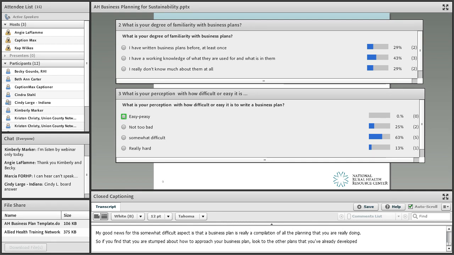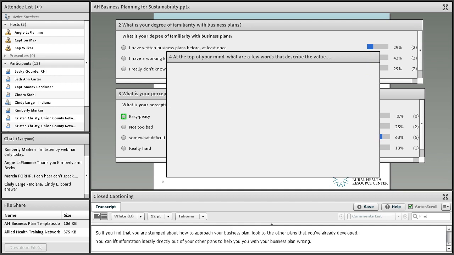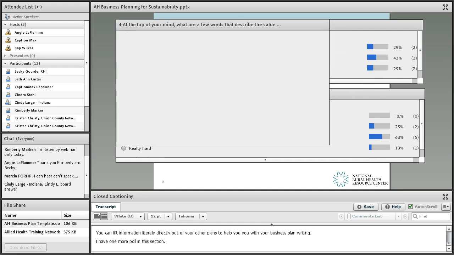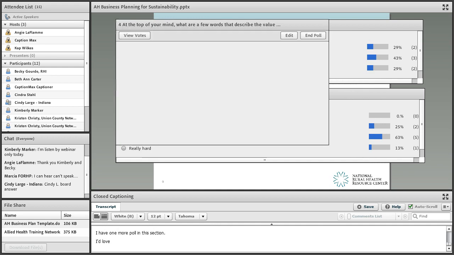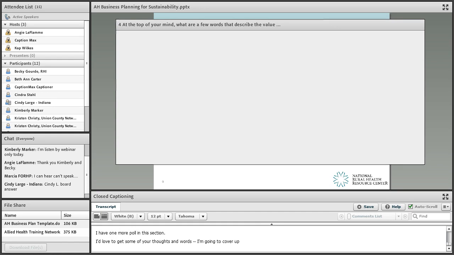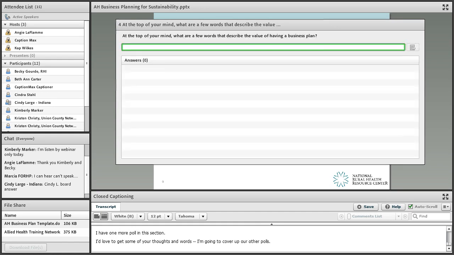Some of you have already articulated this, but I just thought it'd be interesting to get it in some numbers. I have another poll coming up. And what are your perceptions of how difficult or easy it is to write a business plan? So just a quick quantitative check-in.